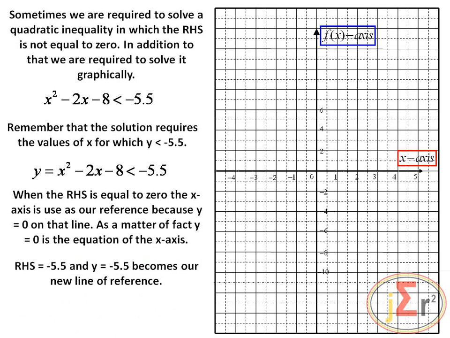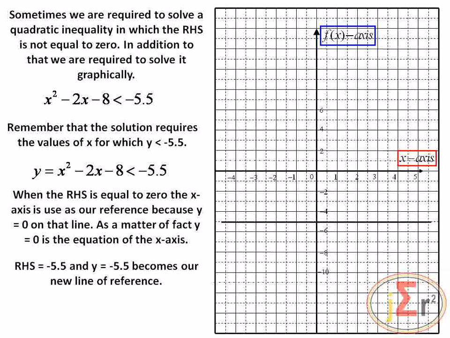When the right-hand side is equal to negative 5.5, y is equal to negative 5.5 becomes our new line of reference. That is our line, y is equal to negative 5.5. Remember that y is equal to a constant is a line that is parallel to the x-axis and crosses the y-axis at negative 5.5.